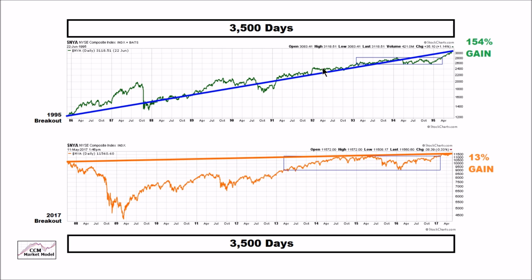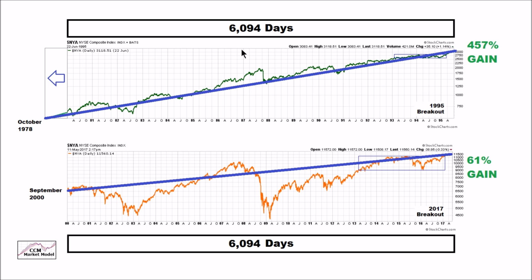This is a lot of fuel that's been expended to get from point A to point B. Contrast that with the tepid 13% gain that we get when we look back the same 3,500 calendar days from a similar period in 2017. There's a lot more fuel and pent-up demand on this chart relative to this chart, telling us this move here could be bigger than this move here. Similar concepts if we look back over 6,000 calendar days.